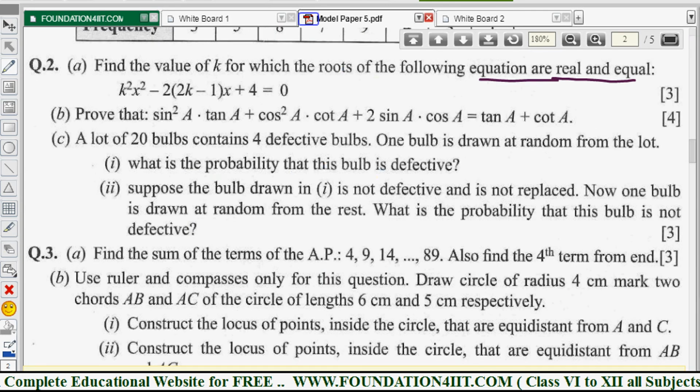Now suppose the bulb drawn in question number 1 is non-defective and is not replaced.